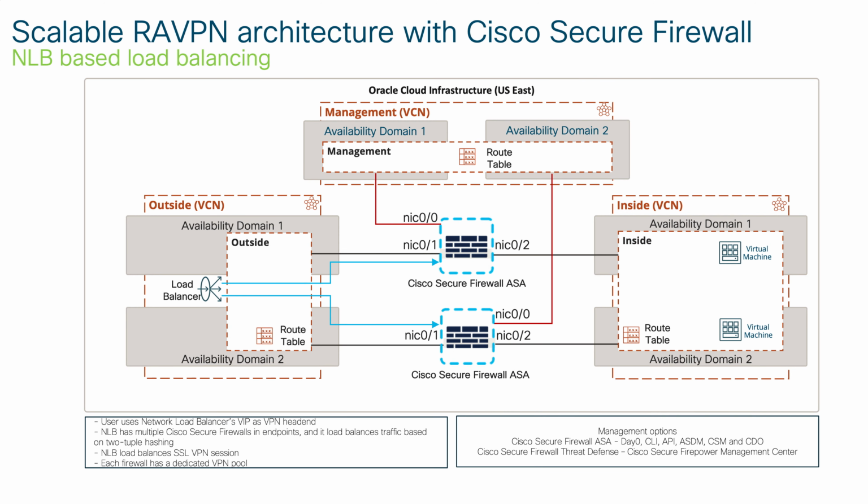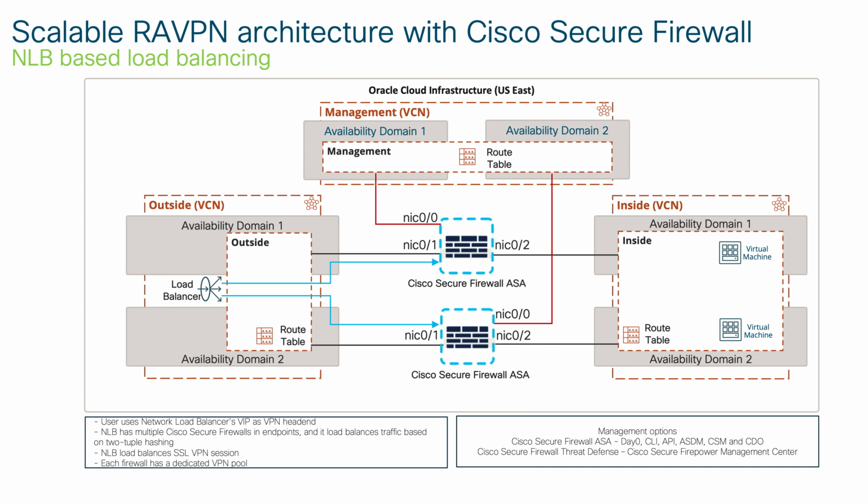You can also use a network load balancer. Now in this example, instead of using DNS, I have a network load balancer, and that network load balancer points to the outside interface of my firewalls. If you look at this architecture, it's pretty much a similar architecture.